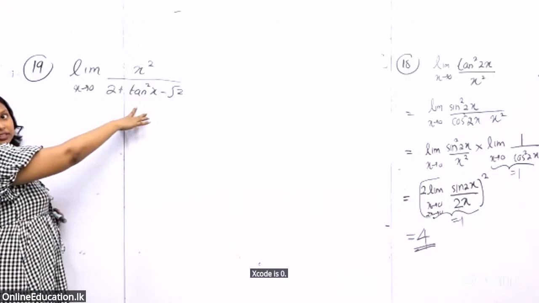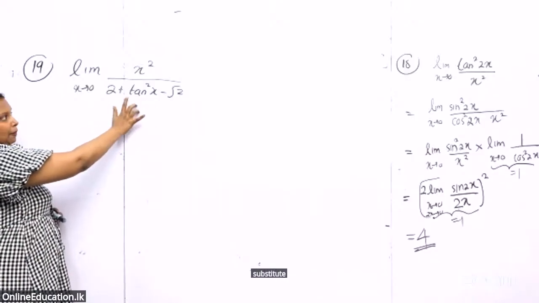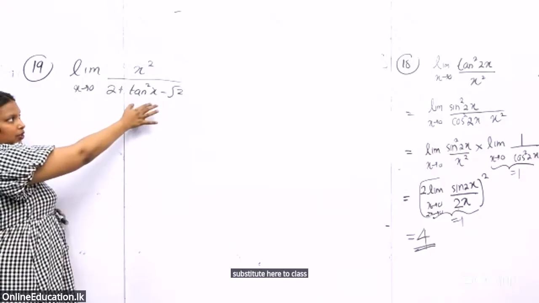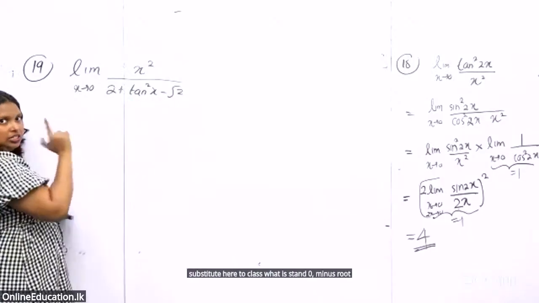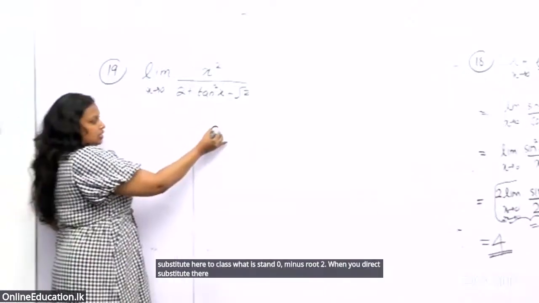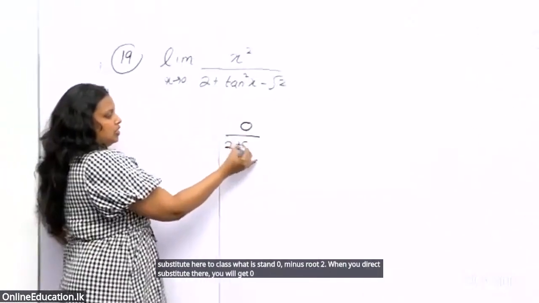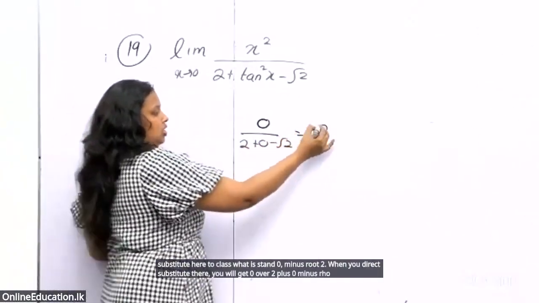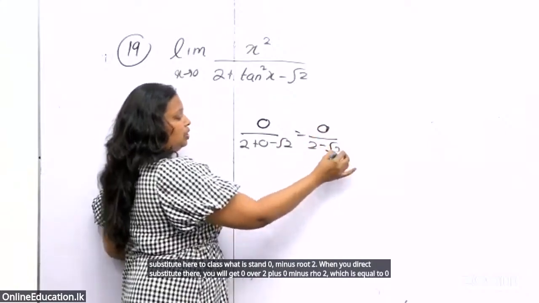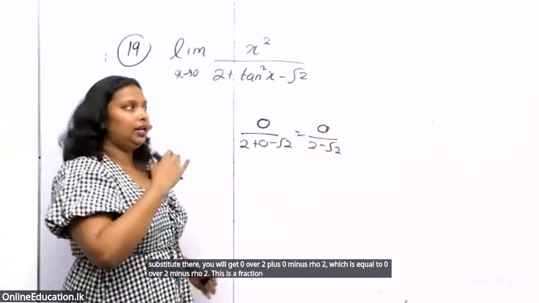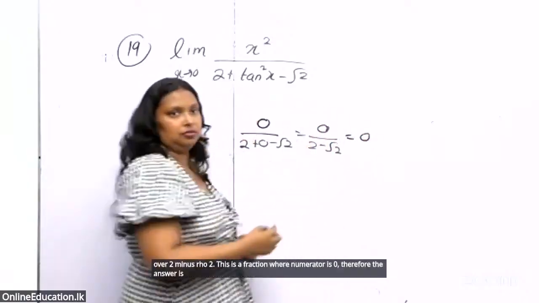Substitute here 2 plus, what is tan 0? 0, minus root 2. When you directly substitute here, you will get 0 over 2 plus 0 minus root 2, which is equal to 0 over 2 minus root 2. This is a fraction where the numerator is 0, therefore the answer is 0.